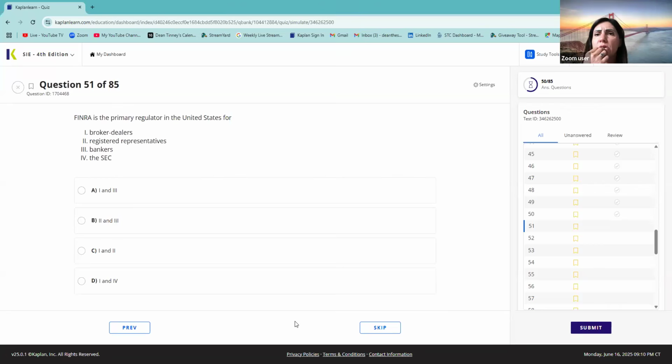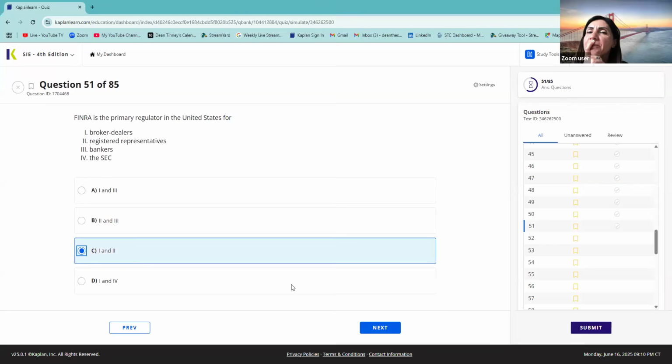So the broker dealer, and then, I mean, the SEC is in the same? No, the SEC is not FINRA. That's a government agency. FINRA covers broker dealers and people who work at broker dealers, who are known as registered reps, associated persons.